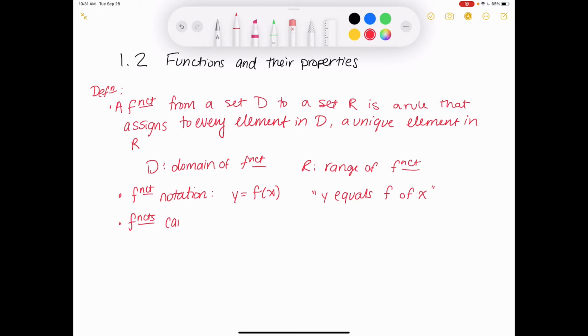Functions can be used as mapping of the elements of the domain onto elements of the range.